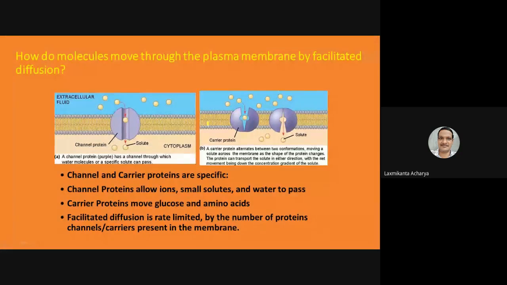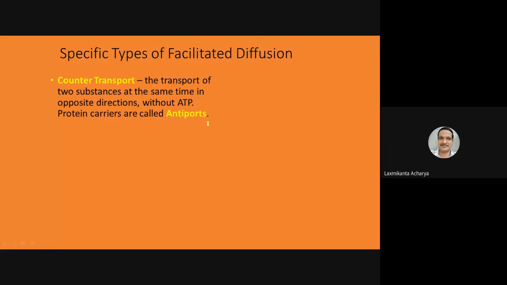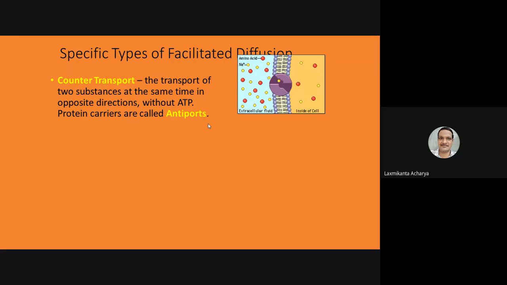The rate of facilitated diffusion is limited by the number of channel or carrier proteins present on the membrane. Now there are specific types of facilitated diffusion. Sometimes two different kinds of molecules move in different directions at the same time.